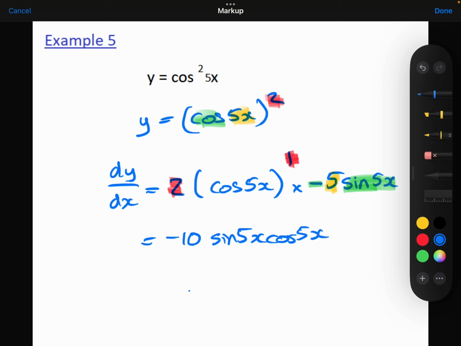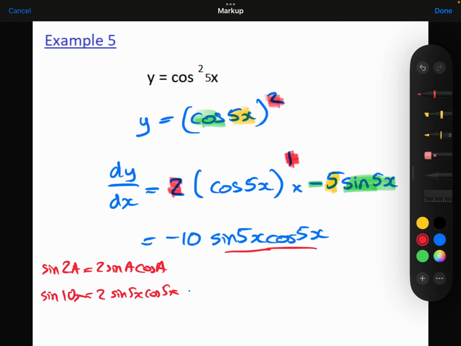Now we could leave our answer like that, or you might notice that this looks similar to the sine double angle. Remember, we know that sine 2a is equal to 2 sine a cos a. So in this case, we could rewrite 2 sine 5x cos 5x as sine 10x.